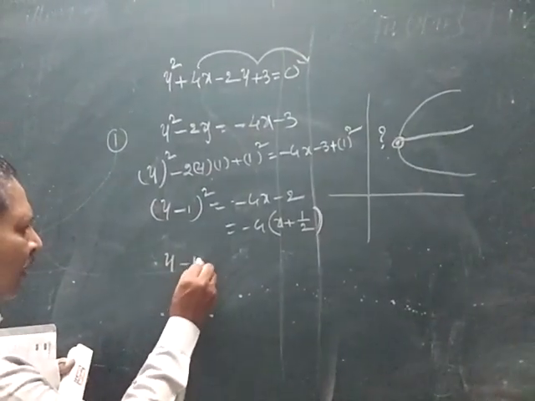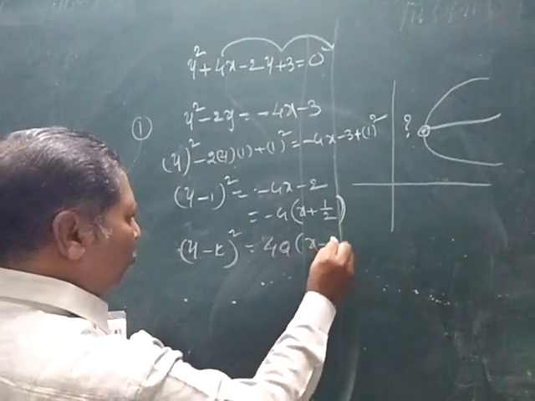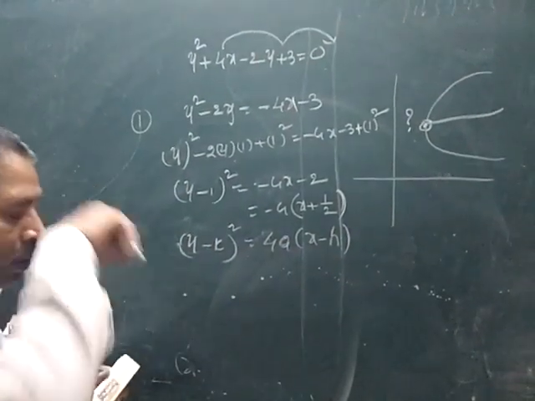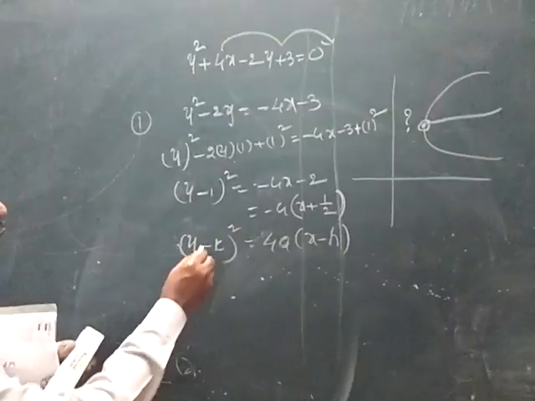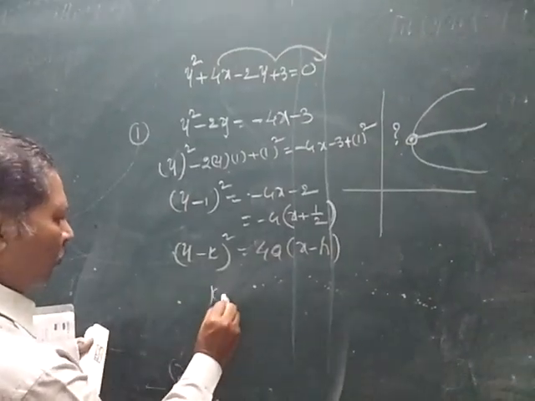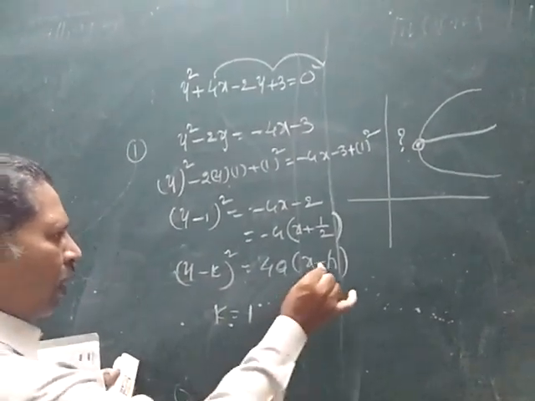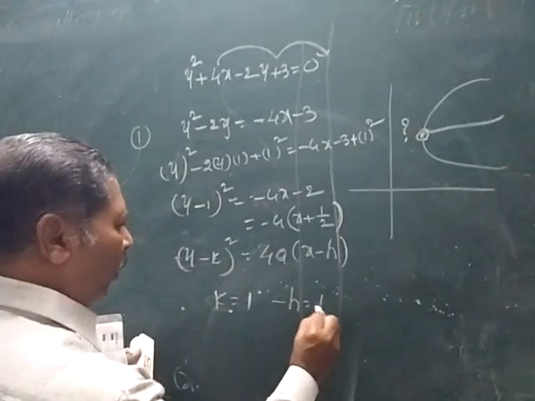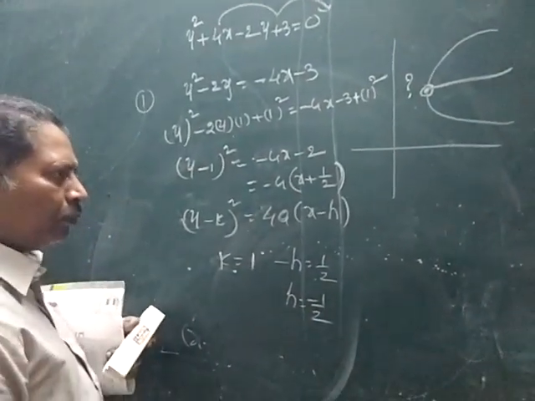So (y minus k) whole square equals 4a into (x minus h). So k value is 1, h value is minus 1 by 2.